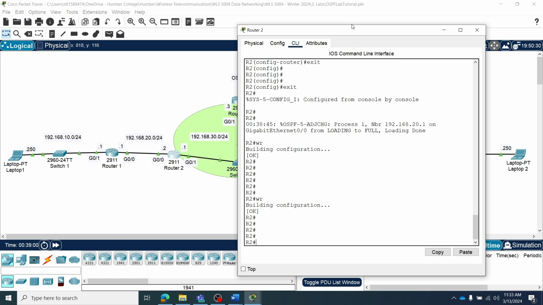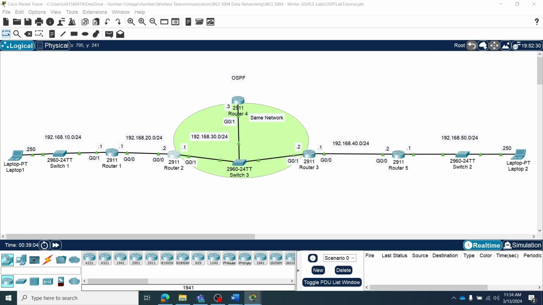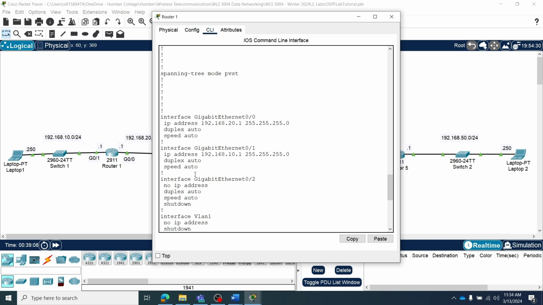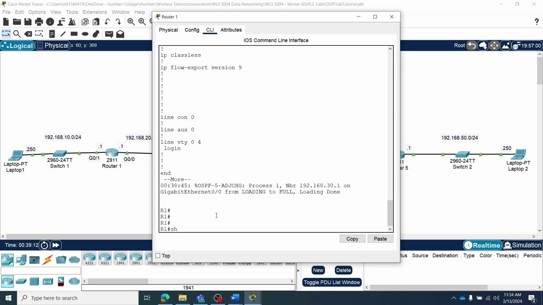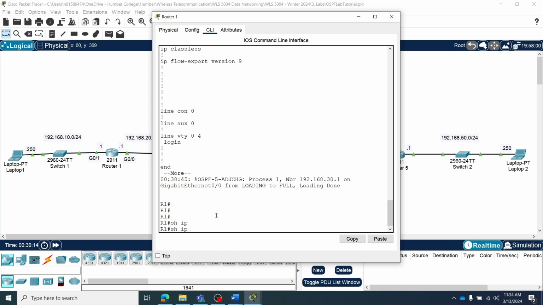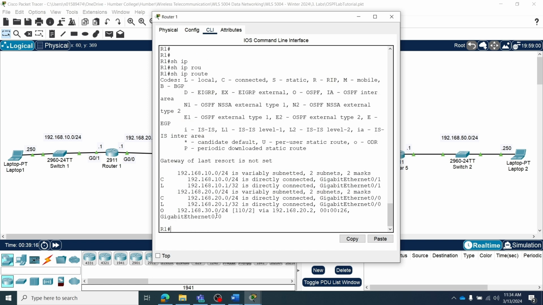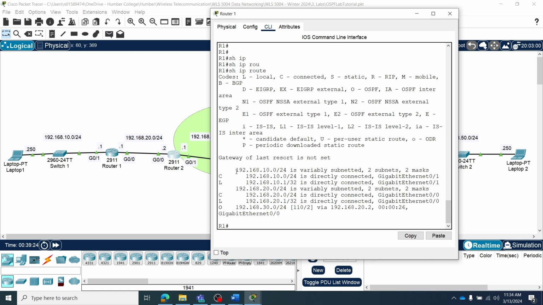Now let's see whether anything has populated the routing table of router 1. If not, then we will see again later. So on router 1, show ip route. Now you can see previously there were only the 10 network and the 20 network in the routing table.